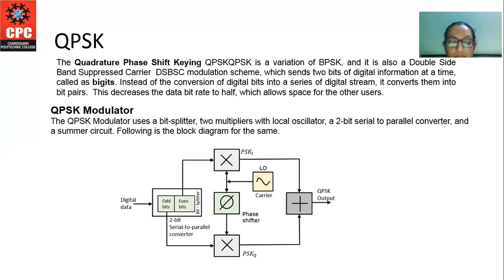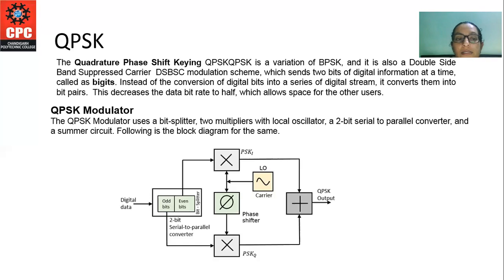So we can represent the dibits in a gray encoded form by transmitting a sinusoidal carrier with all four possible values.